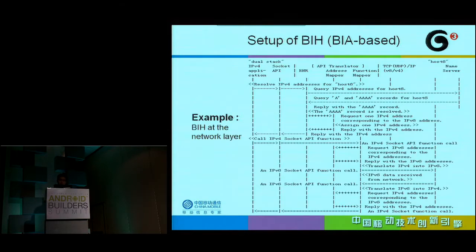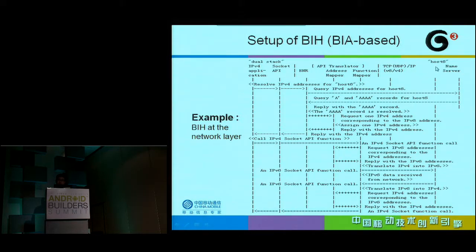Okay, after the introduction, let's look at the BIH working flow. The IPv4 application makes a call with the socket API and queries the IPv4 address for IPv6.